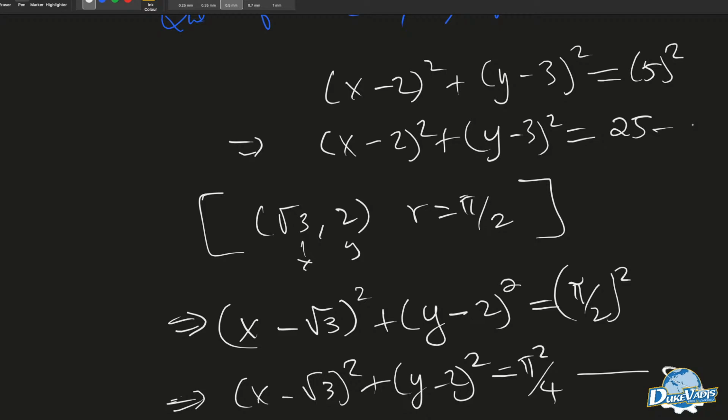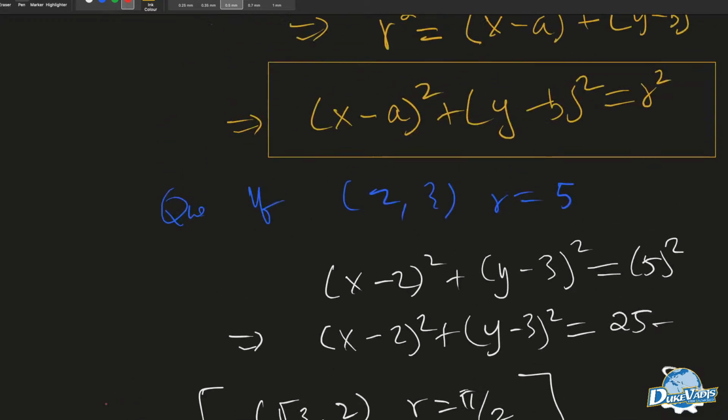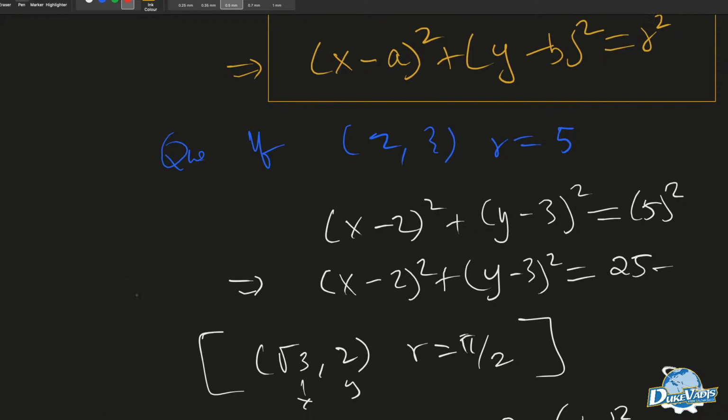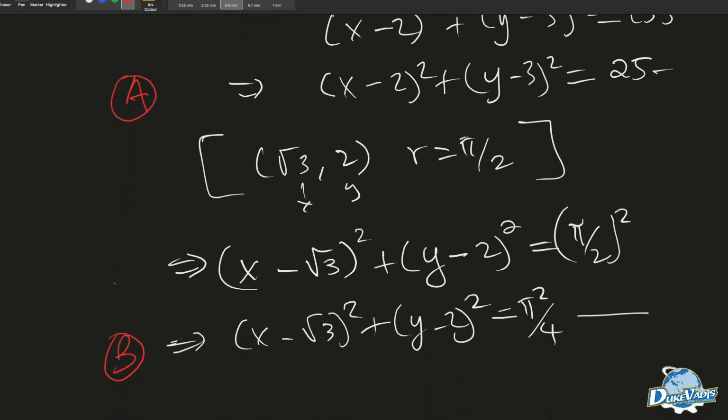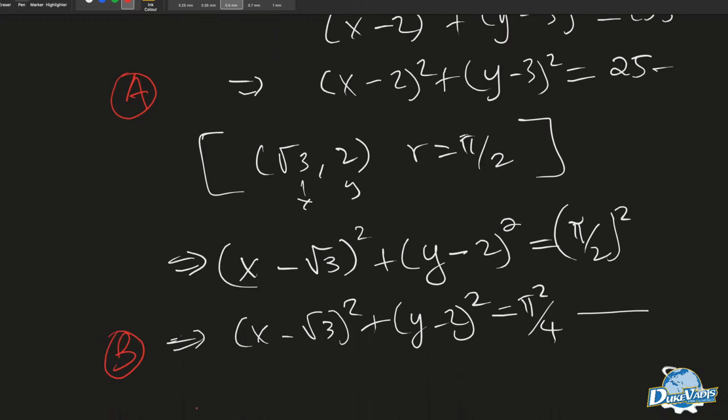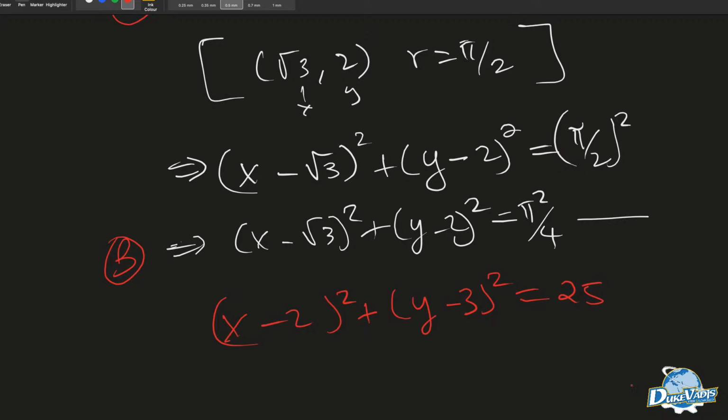Now, looking at this one, let's call this one B, and let's call the one we derived here A. Now, for the A, we have (x minus 2) squared plus (y minus 3) squared is equal to 25, which is also the equation of a circle.